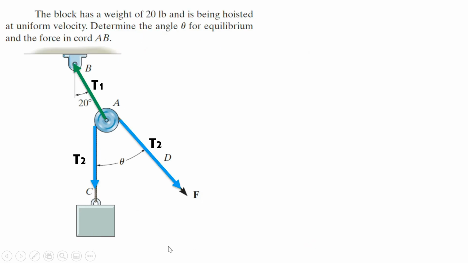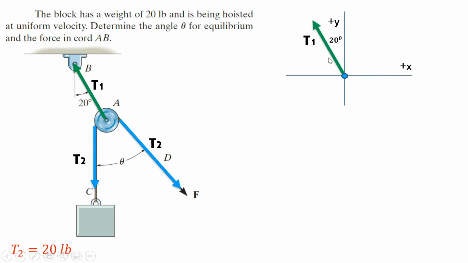So let's go back to the figure before. Let's put this in a free body diagram. So this one is the pulley. What are the forces acting on the pulley? We have T1, which is 20 degrees coming from positive y. So from here, we have to place this 20 degrees near the origin. Since this is the origin and this is my axis, that is the x-axis.